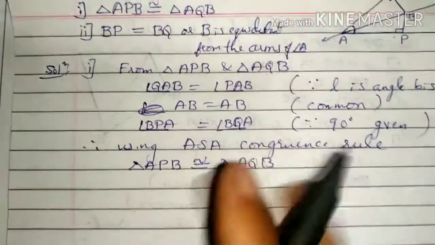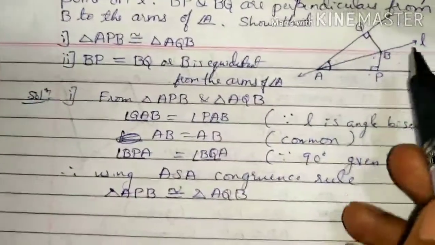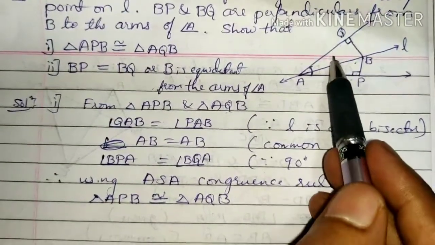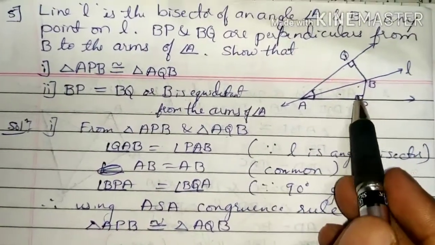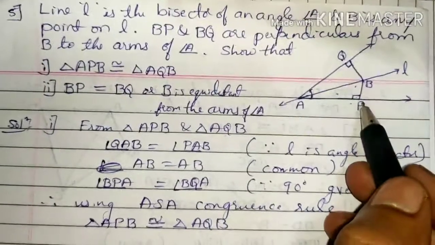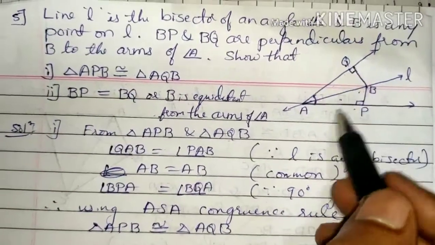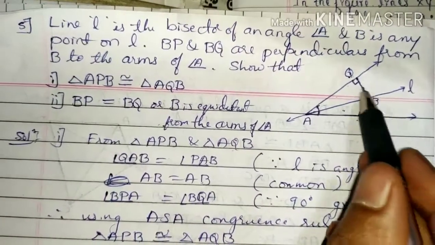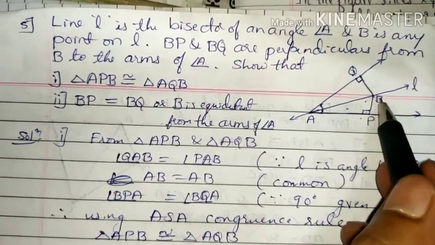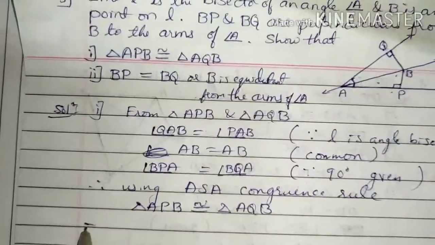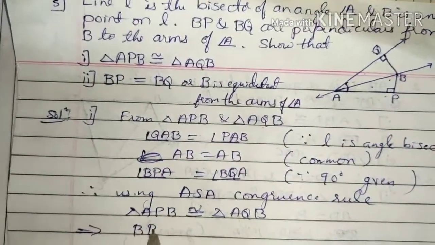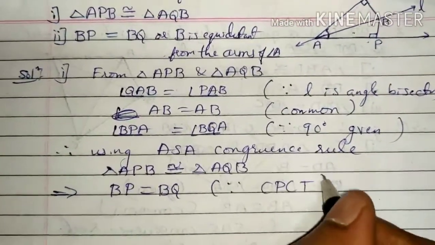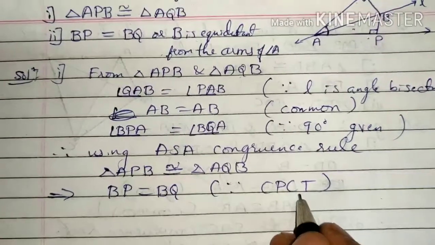Next we have to show that BP is equal to BQ. BP and BQ are sides of two congruent triangles. So according to congruence CPCT, we can write BP is equal to BQ because AP is equal to AQ and AB common, so BP must be equal to BQ, because CPCT, corresponding parts of congruent triangle.